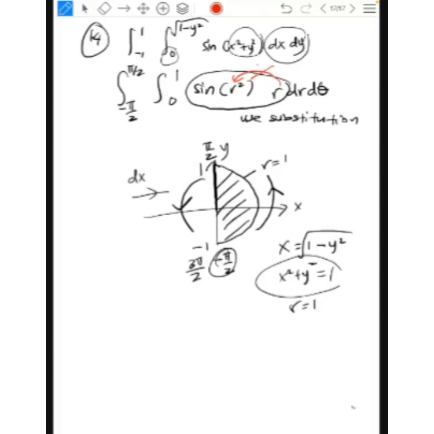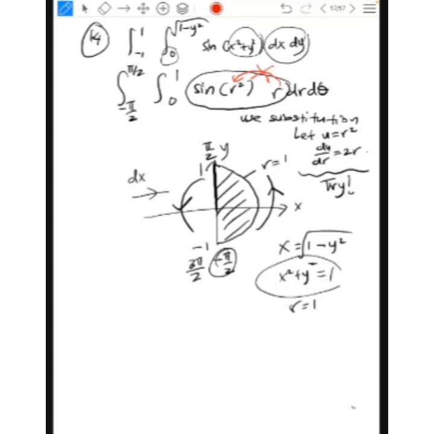Multiplying, subtracting, adding do nothing; it will not change the r squared, it will still be r squared. So you have to use substitution. You let u equals to r squared. Then this one will be sin u. So du dr will be 2r.